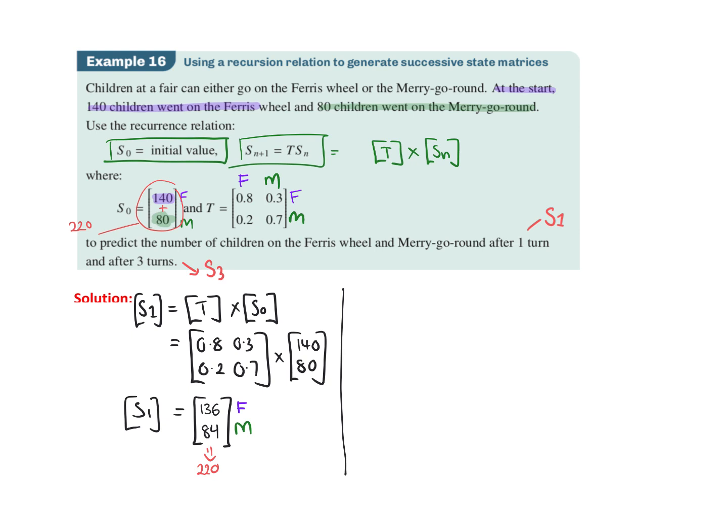Now they actually want me to get to S3. Well, I'm not going to be able to do that because for S3 I'll need the one before, which would be S2. So I'm going to have to find S2 first. So S2 is going to be the transition times the one before, which was S1. So you just type in that same transition again.